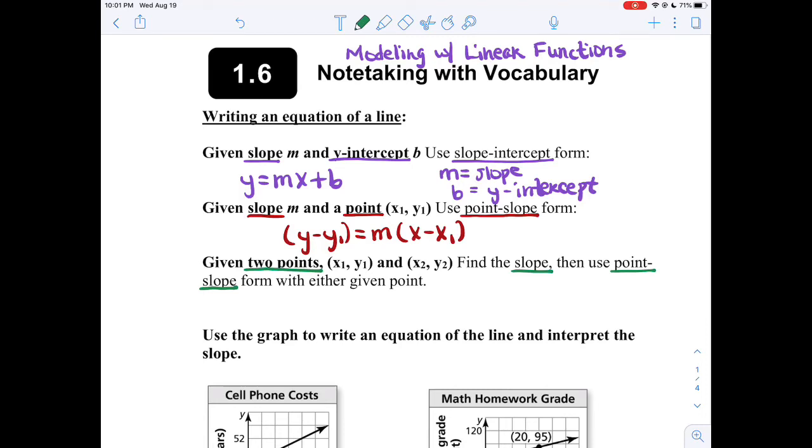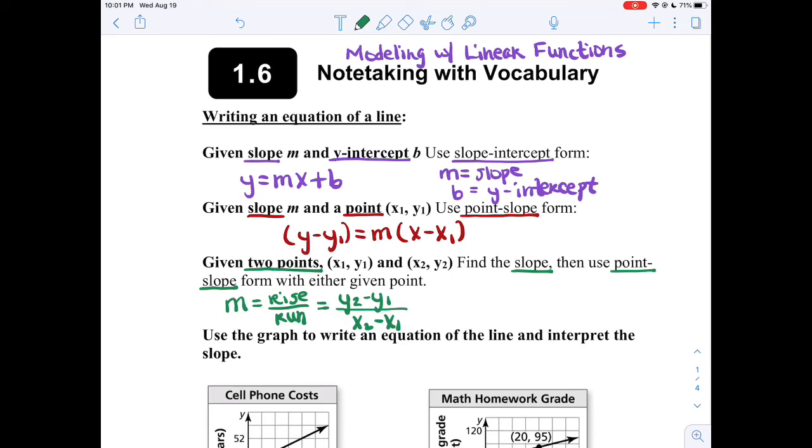So let's remember that our slope is equal to rise over run. How much does it go up, or sometimes down if it's negative? And then how much does it go to the left or to the right? So that equation is y2 minus y1, the difference between the two y values, divided by the difference between the x values, x2 minus x1.